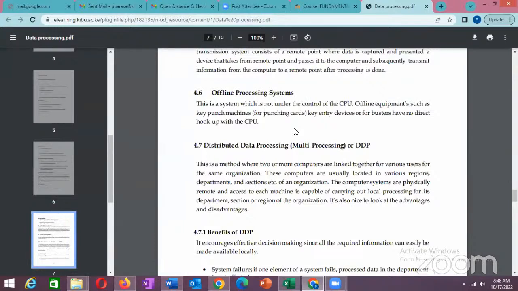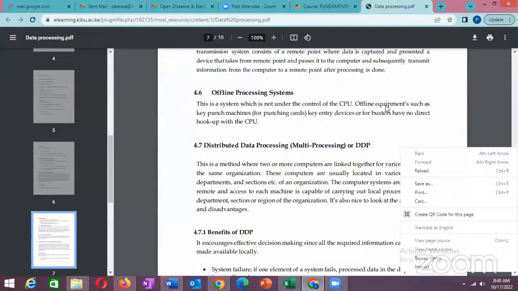We have so many different ways of inputting and keying data. We don't need the punched cards which were used in the first and second generation. So for this one, the offline equipment such as key punching machines, key entry devices, or boosters have no direct hookup with the CPU.